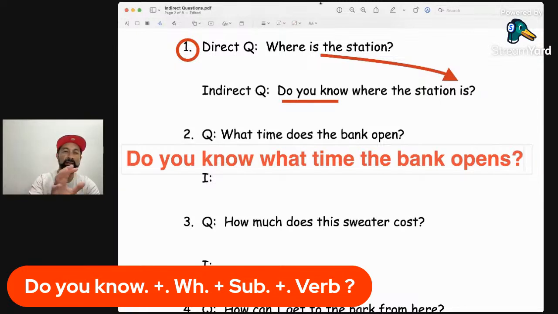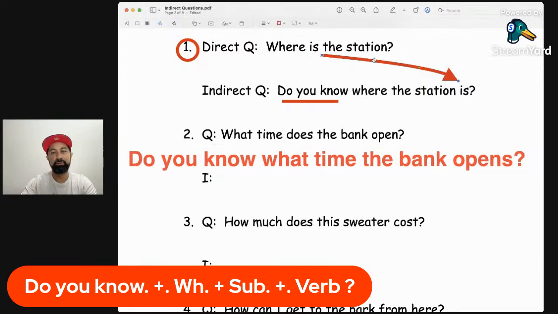So why did I add an S in this situation? Why did I add that S? In the direct question, if you notice, I'm using does. In an indirect question, we remove the does.